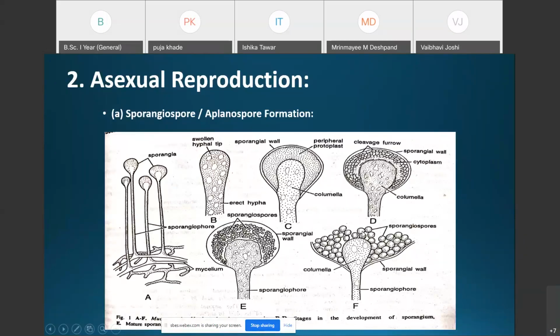Though the sporangial wall is dissolved, the spores are firmly attached to the columella, and they are dispersed very slowly by the wind, ants, or insects. That is how they are liberated into the outer environment.